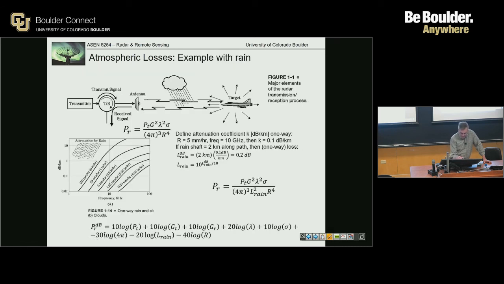Remember that for a monostatic radar, energy goes out and then has its return path. So a loss is usually expressed as one way, but you have to account for the two-way loss, and that's done in our dB equation.